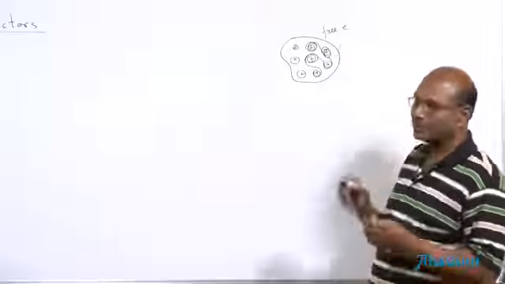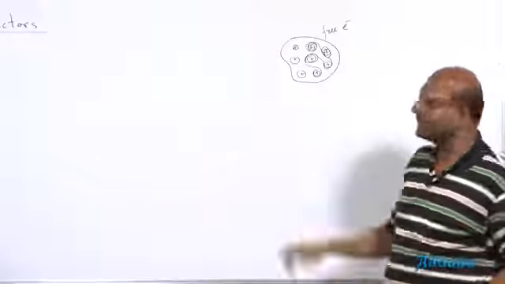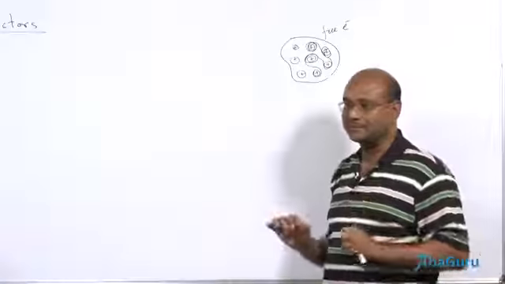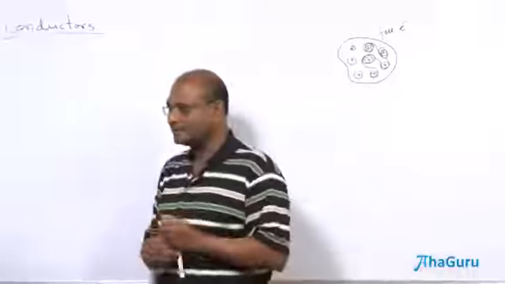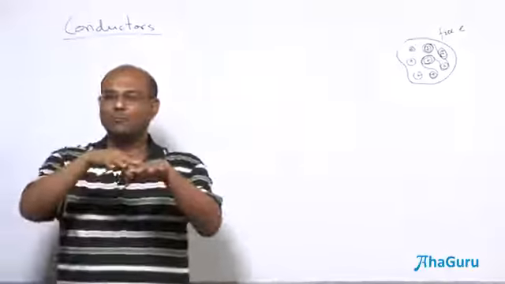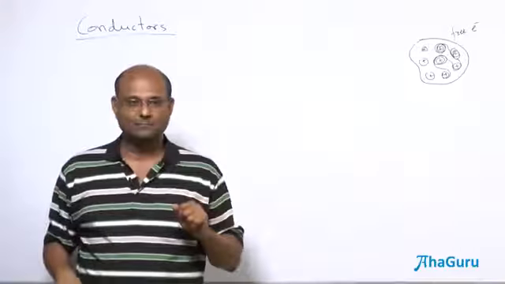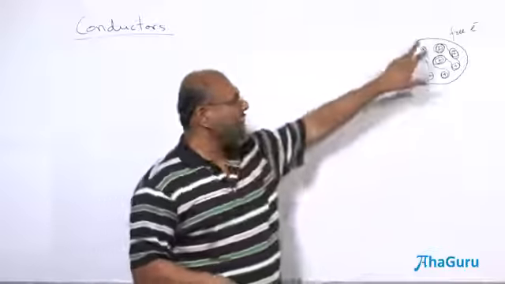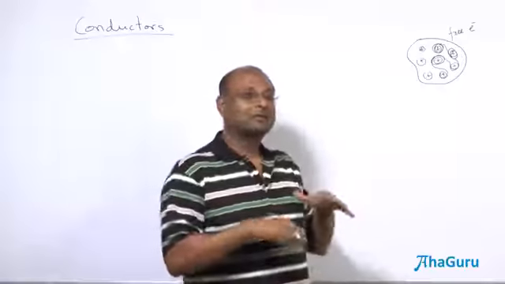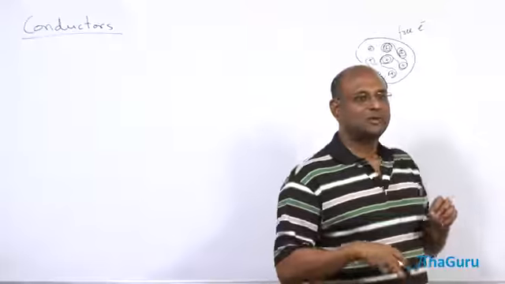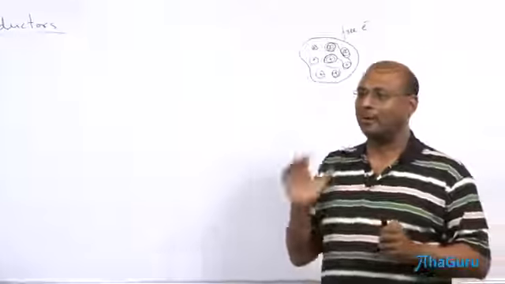Now, free electrons does not mean they are really free of these atoms. They are still around these atoms, except it is very easy to move from one atom to another atom. At any particular point of time, they would be around one atom. In fact, they are so free to move that we stop worrying about the fact that they belong to an atom.